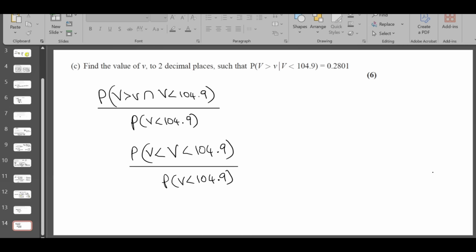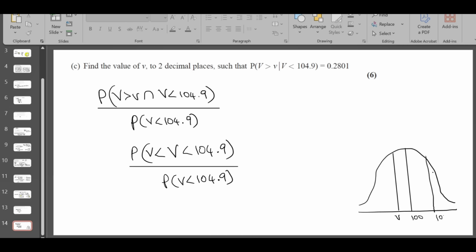Okay. I'm going to draw a little bell curve to explain this. Let's say the mean mu is here. Let's say there are 2 points V, we don't know where the V is, do not worry about it. And then this is a normal distribution, put it as mu 100. This is 104.9, let's say.